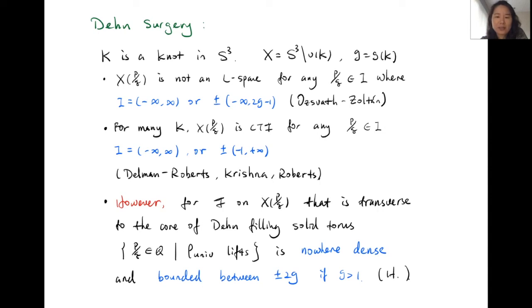Okay, that means you cannot get an interval of slopes coming from lifting the universal circle action.